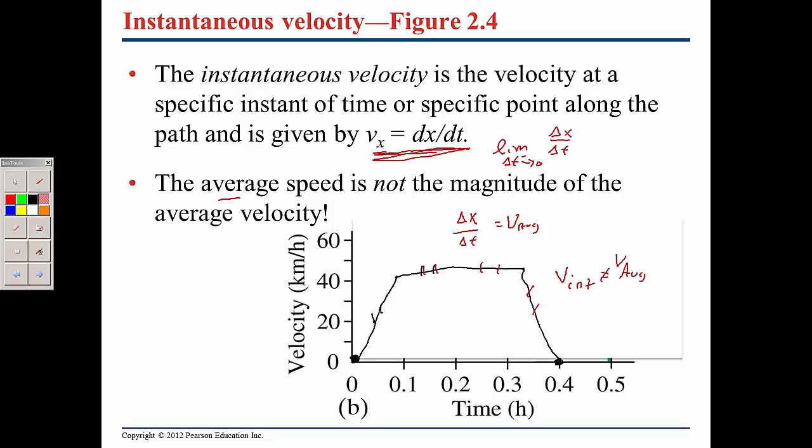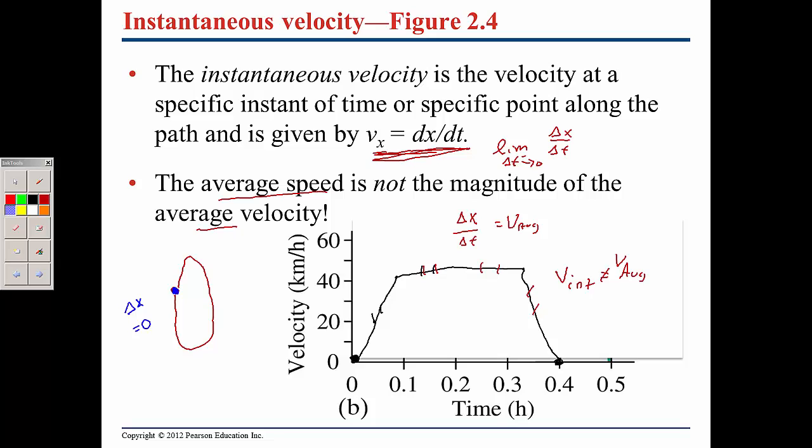Now, also here, I need to note that the average speed is not the magnitude of the average velocity. A good example of that is if you were running around your college track. After I've gone around the track once, my position, my displacement, is equal to 0, because I have ended up where I started.